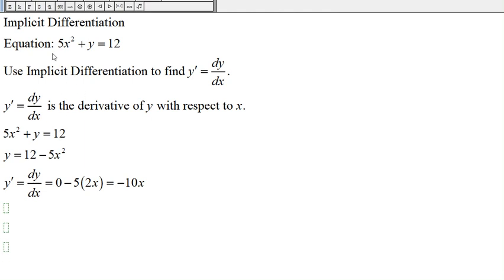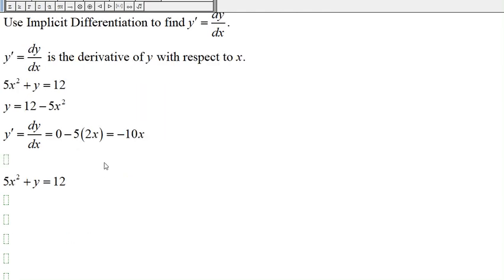We could also leave the equation as it is and find the derivative of y with respect to x by using what's called implicit differentiation. It's done as follows. We want to find dy/dx, the derivative of y with respect to x.